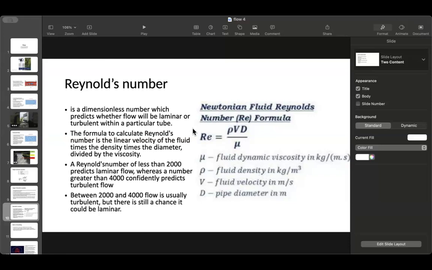So the formula for the Reynolds number: Reynolds number is equal to fluid density multiplied by fluid velocity multiplied by tube diameter divided by viscosity.